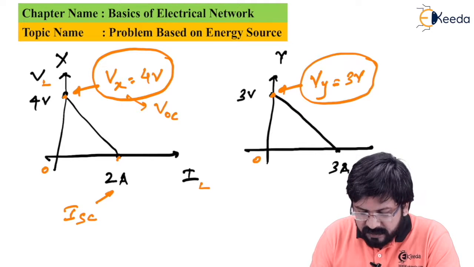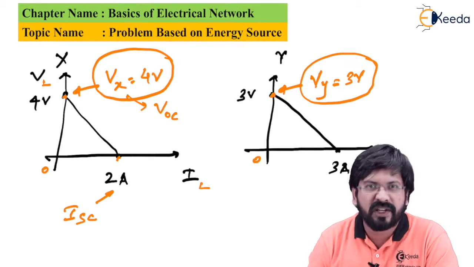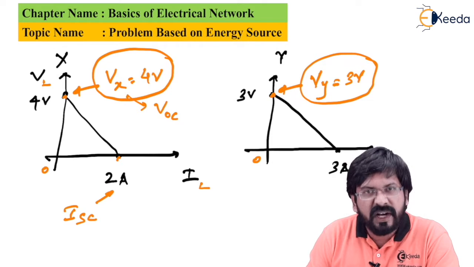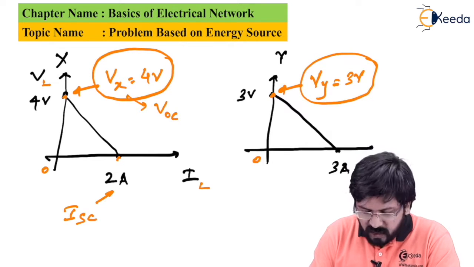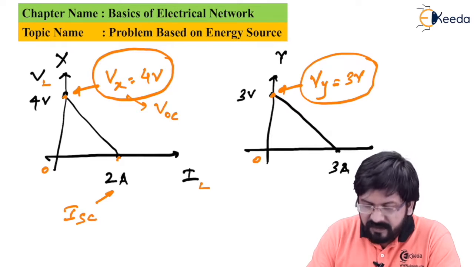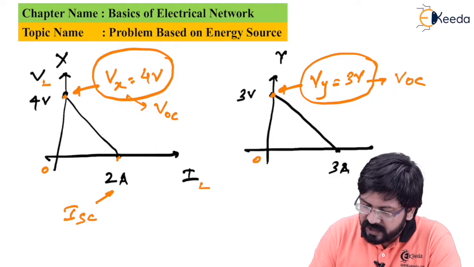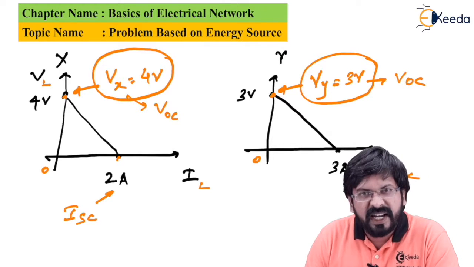I repeat my statement: you get this current at VL equal to 0, and load voltage can be 0 only when you short circuit the load. So this is the value of current only when you short circuit the load, and I can consider this value as ISC. Similarly, for the second characteristic, I can call this Vy as VOC and this 3 ampere as ISC.